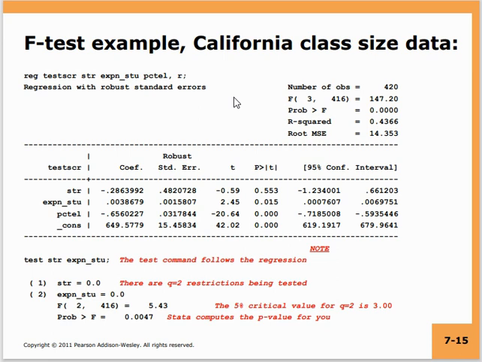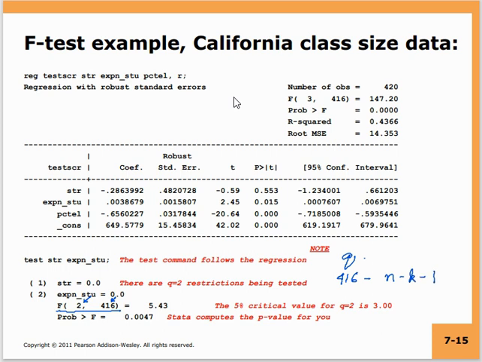The one thing that we are interested in is the F statistic. Now, the F statistic is associated with two different numbers over here. This first number is determined by the Q, the number of restrictions that you are talking of, and this second number, 416, is determined by n minus k minus 1.